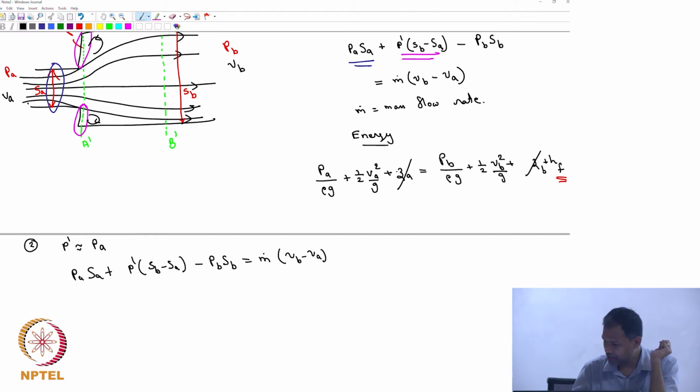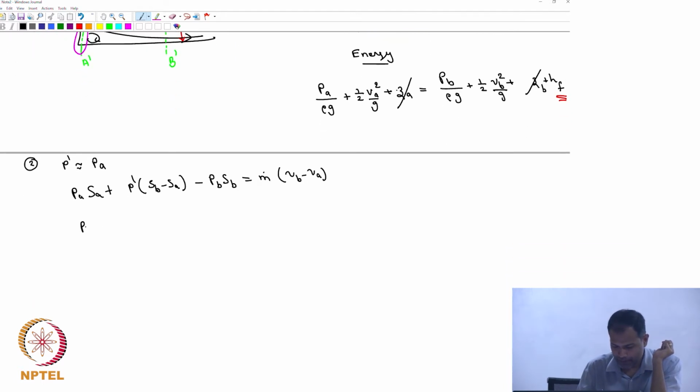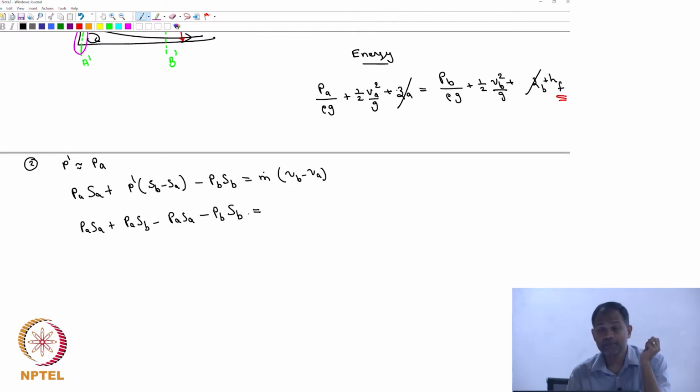If I substitute P prime equal to PA: PA SA plus PA SB minus PA SA minus PB SB, so PA SB minus PB SB, is equal to M dot. M dot is the mass flow rate, either rho VA SA or rho VB SB, volumetric flow rate into density.